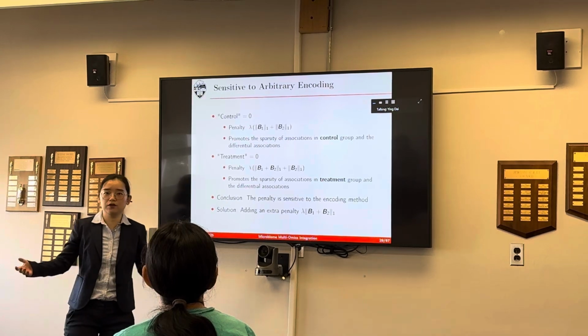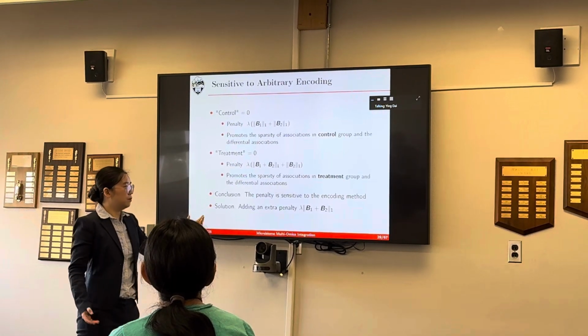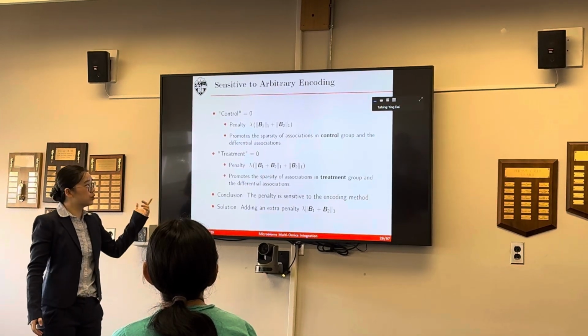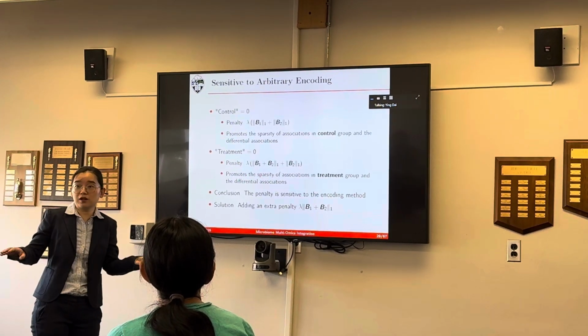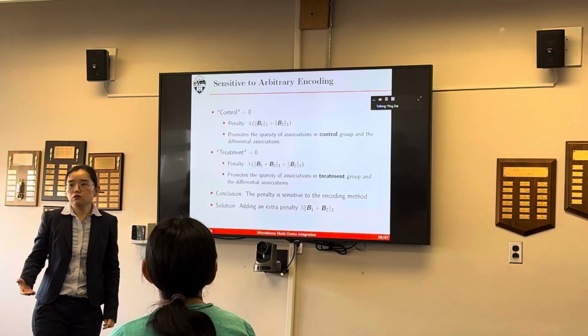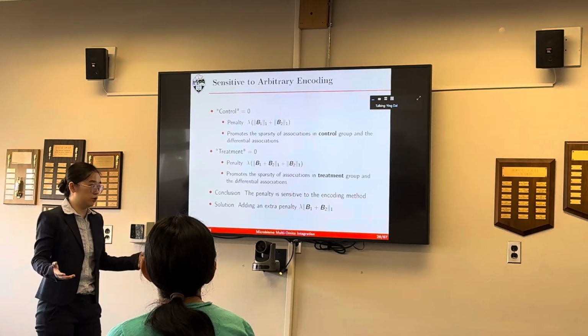Of course, they are going to give us different results. So in summary, the penalty is sensitive to the encoding method. Maybe for control and treatment, we can set up a uniform rule, but there will be cases such as diagnosis, where which group you want encoded as 0 is seriously arbitrary.